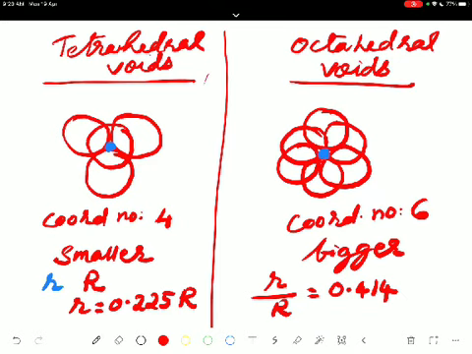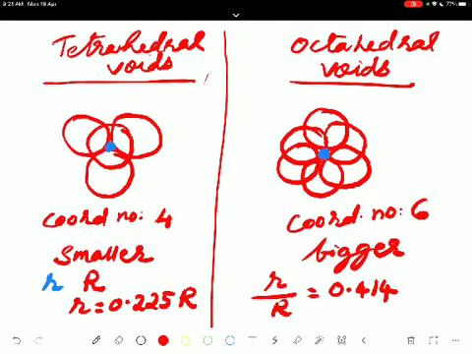Now, in the next class, you will be placing the third layer spheres, third layer atoms, third layer balls on either all these octahedral voids or on all the tetrahedral voids. Anyway, octahedral voids and tetrahedral voids may or may not be filled at the same time because the cation size is smaller, meaning they are different.